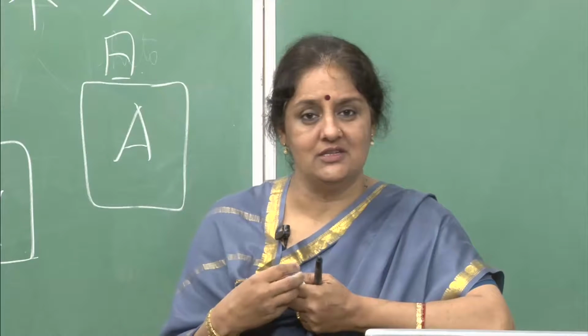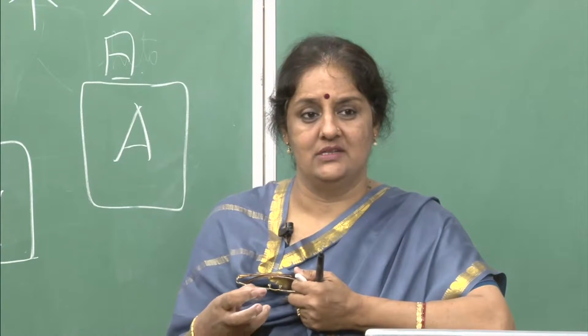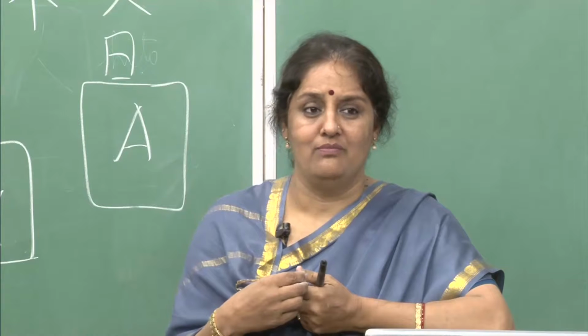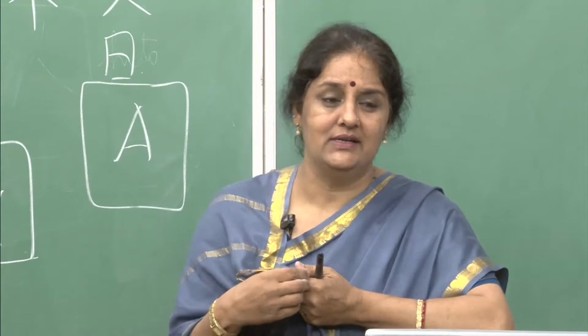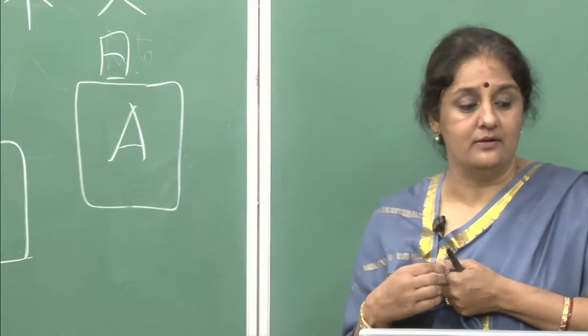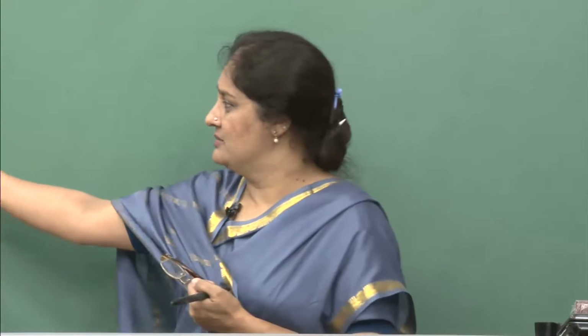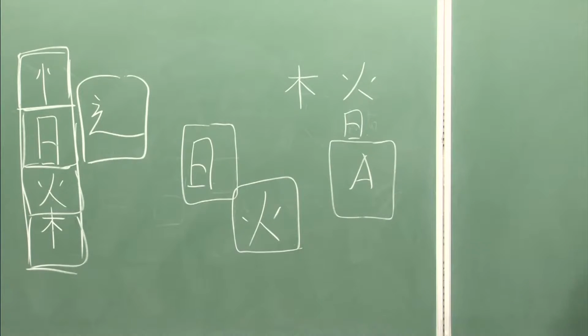So, the combinations of these readings make it really interesting, and also a little difficult sometimes, because you have to remember so many words with kanjis. So, how will you look up those characters? How will you remember those characters? With the help of these radicals.